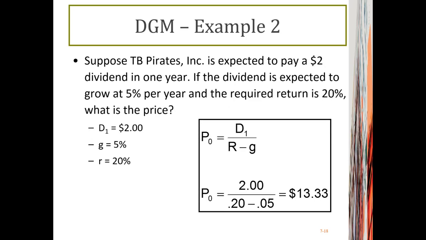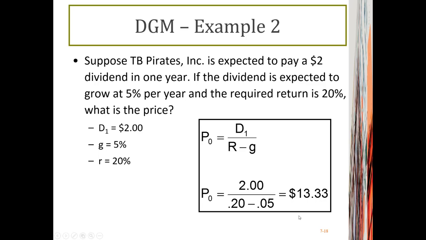But in this question, the $2 is the dividend that the company is going to pay. Therefore, this $2 is D1. So for your homework exercise and for your exam, I want you to be very careful about the difference between D0 and D1. Make sure you capture the right number.